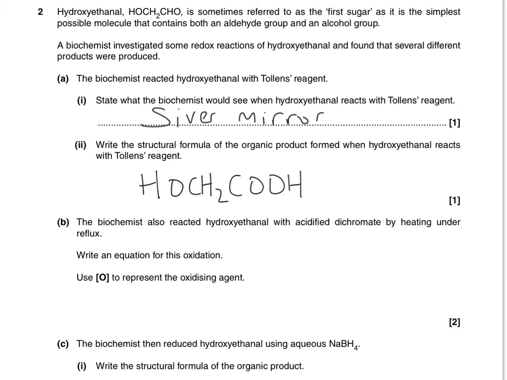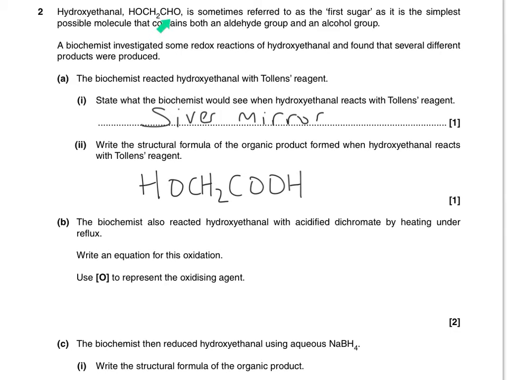So part B of the question talks about reacting hydroxyethanol with another oxidizing agent, this time acidified dichromate, and it's under reflux. Now, acidified dichromate is a much more powerful oxidizing agent than Tollens, and so both ends of this molecule are now going to react.